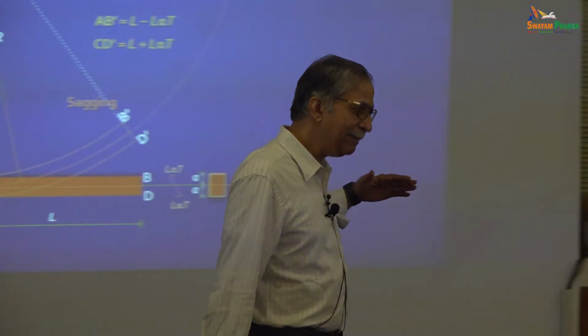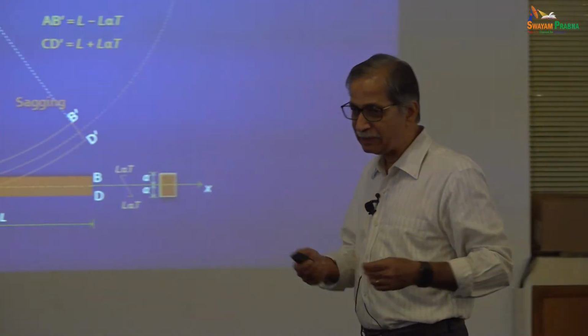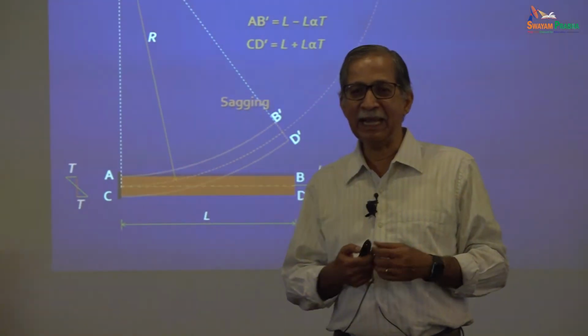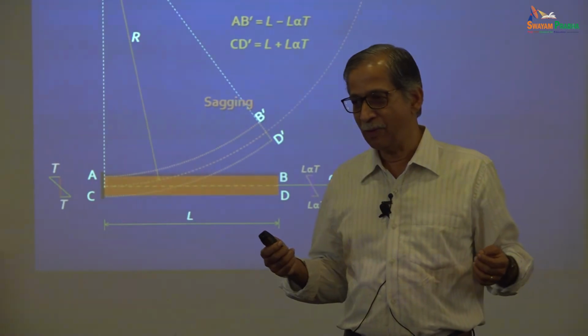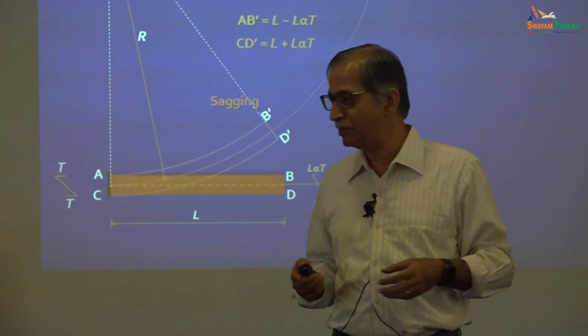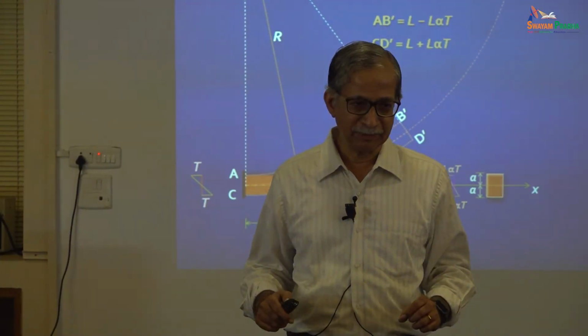So every fiber gets to change the length, either increase in length or reduce the length exactly the way it wants. There's no external restraint to prevent it from changing. Just like we had the case of the bar on a frictionless surface.